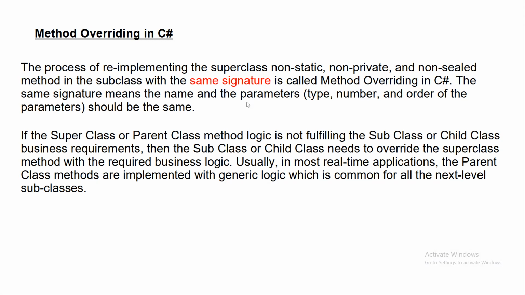So you declare a method in the base class, and you inherit that class in the derived class. Since the method name is the same as in the base class, you have the ability to change the way it executes, or basically the function body you can override in your derived class.